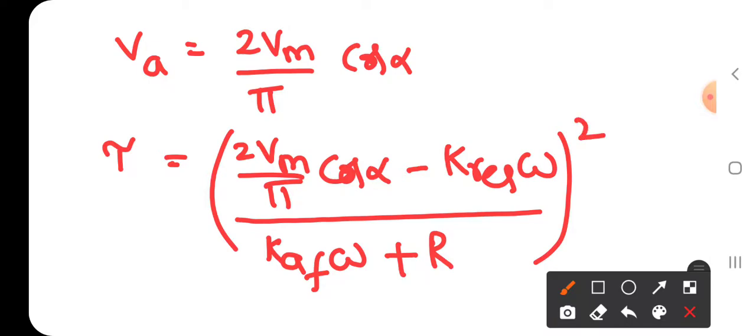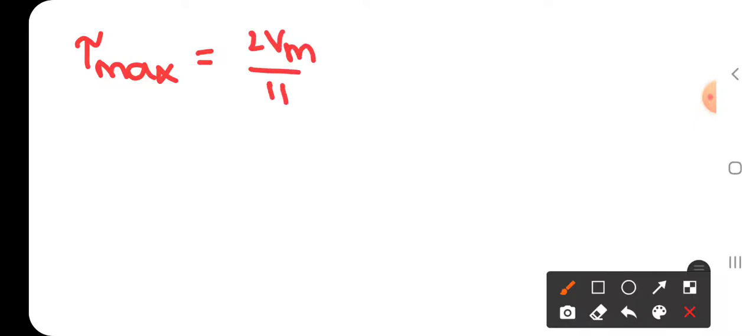If omega is equal to 0, then the maximum torque produced by the motor is given by K_AF times (2 V_m by pi cos alpha by R) whole squared.